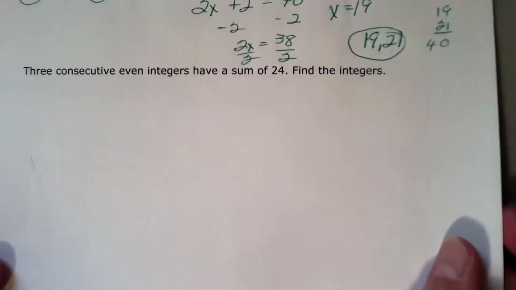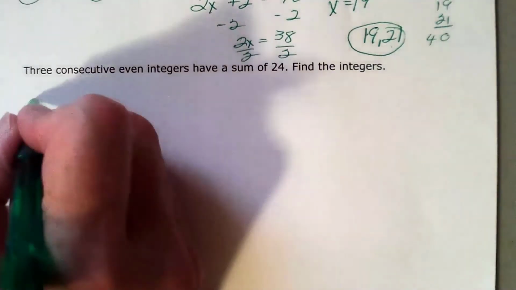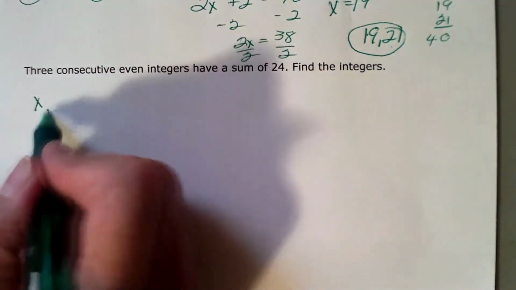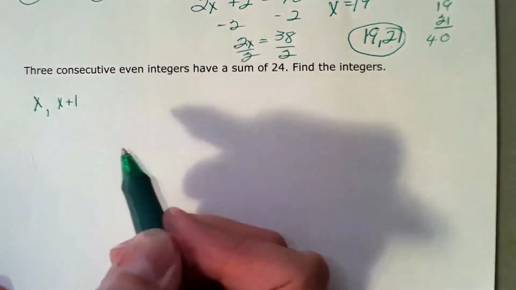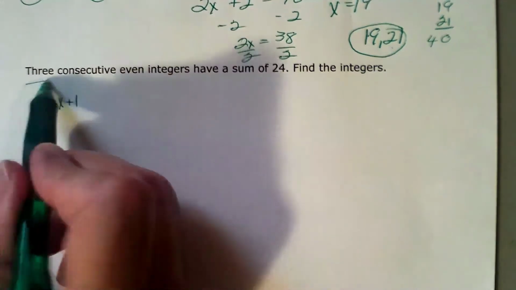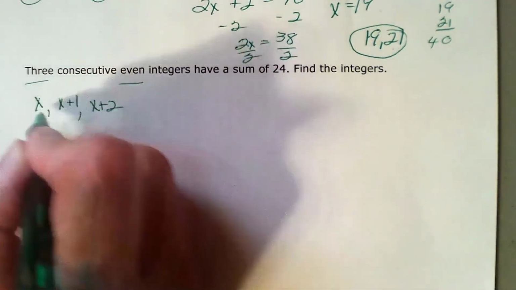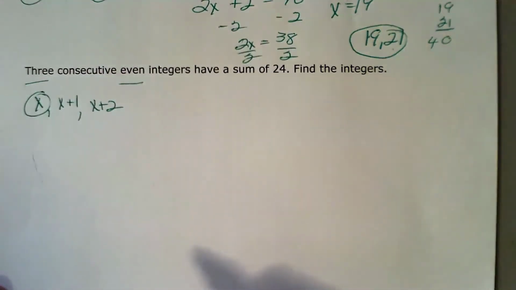One last one here. What gets confusing to people is that whether it's even or odd, it doesn't matter. x is the first integer. X plus 1 I'm going to skip over, because if this one's even, that one's odd, and I want 3 consecutive even integers. So my first integer is going to be x.